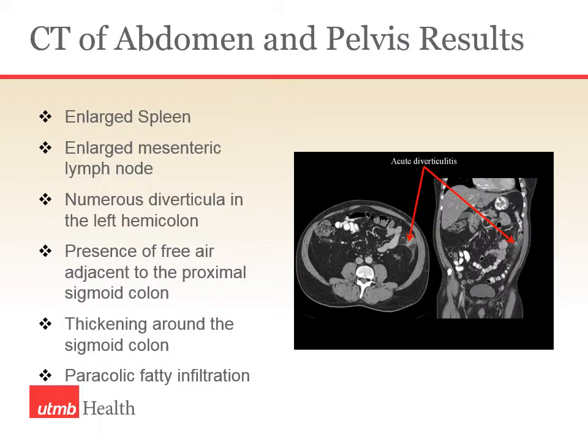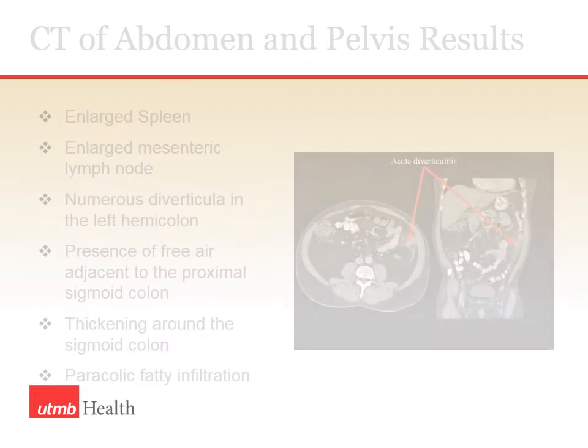It spread to his spleen, to his lymph nodes, and there was infiltration and a great amount of thickening, meaning that the stool couldn't pass through normally, and it was causing a lot of pressure and resulted in diverticula in the sigmoid colon.